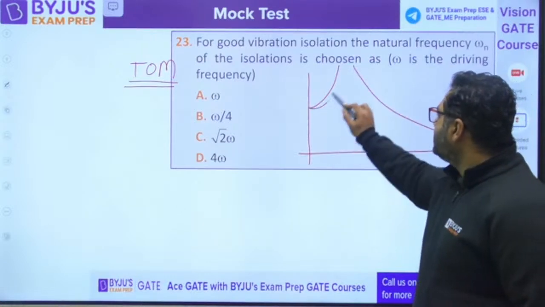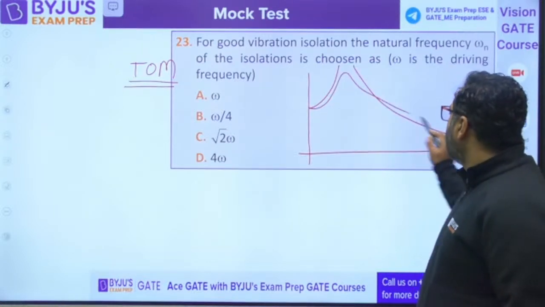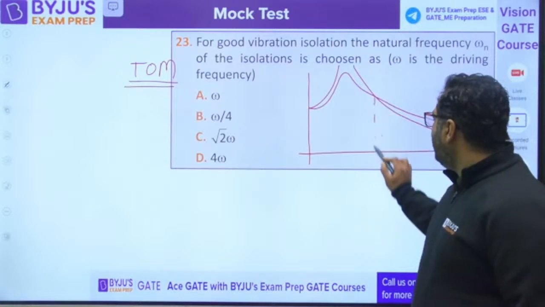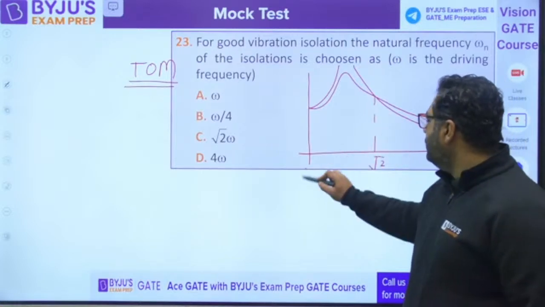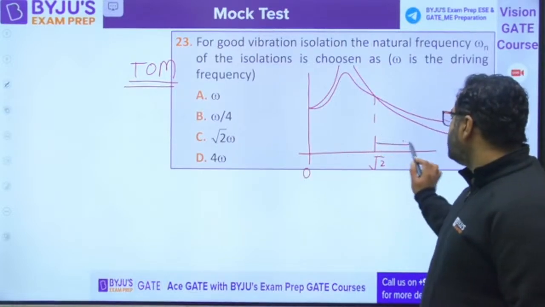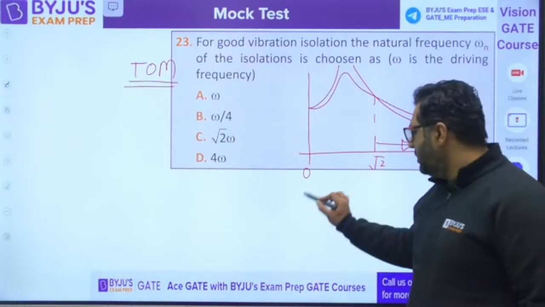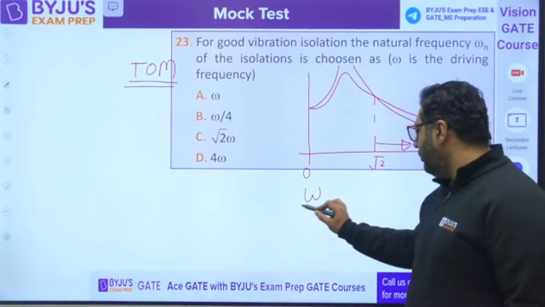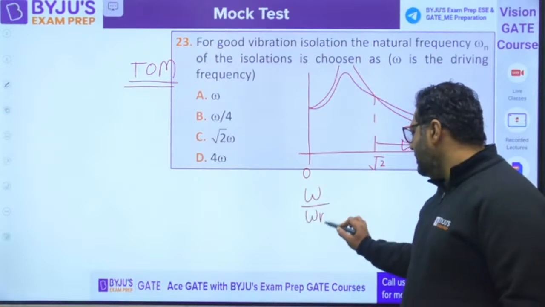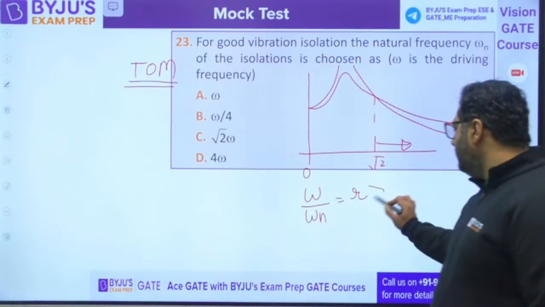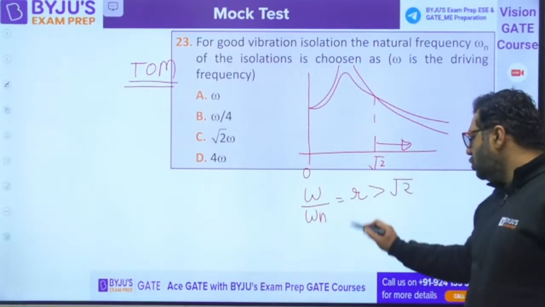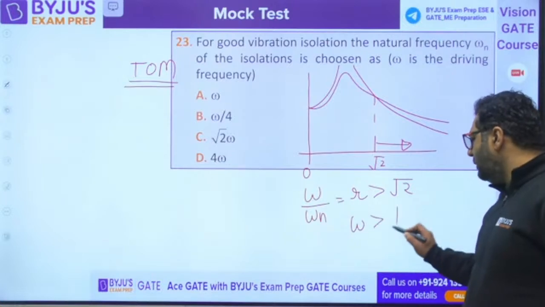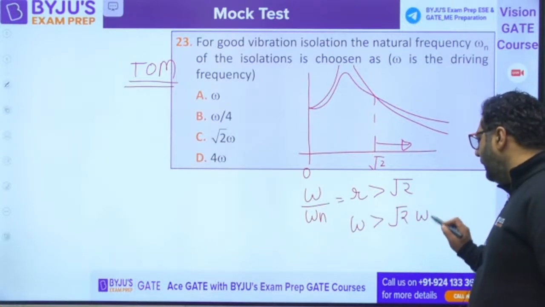So this value is √2 and this value is 0. And we know after this only it is going to be effective. So if omega by omega n is the ratio R, this should be more than √2. So omega should be more than √2 times omega n.